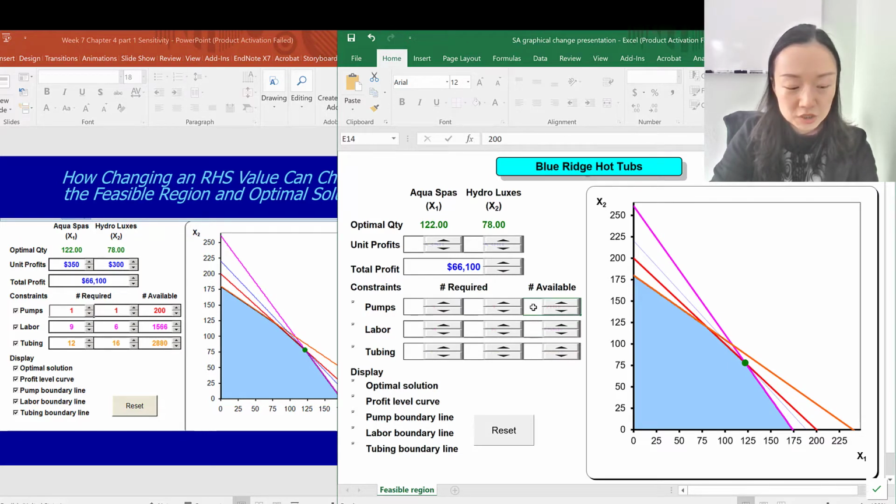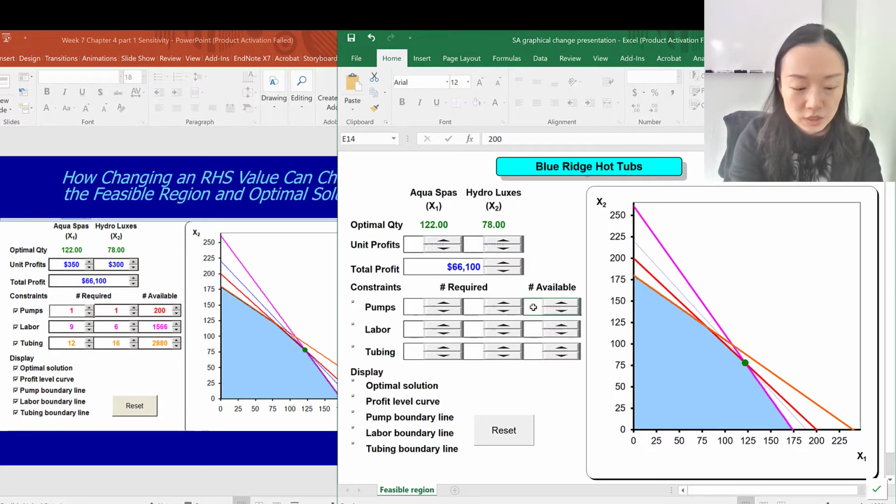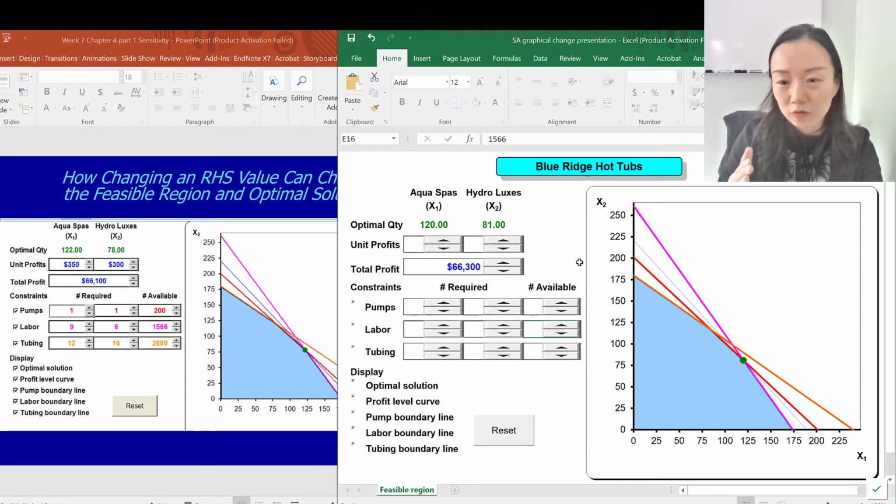If we change the first one, the original right-hand side is 200. Let's change it to 201. Fix your eyes on this red line and see what happens. You see, it moved outward a little bit, right? And the objective function value changed.